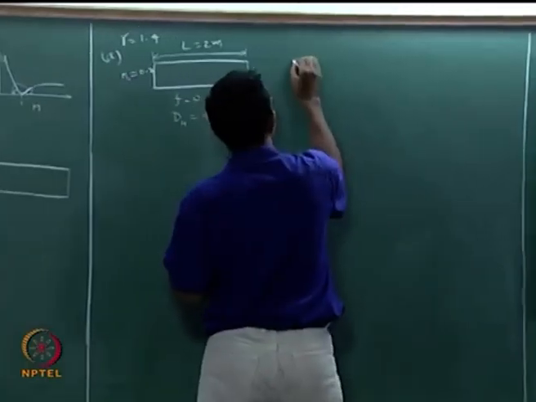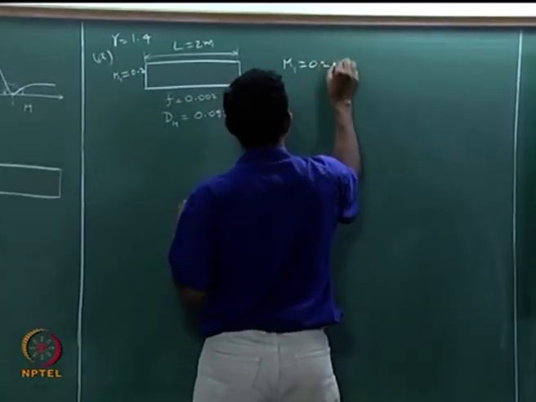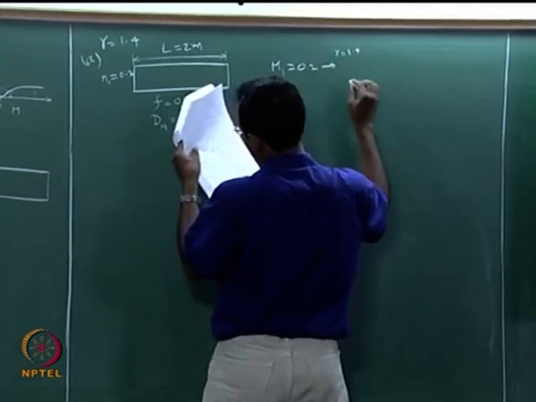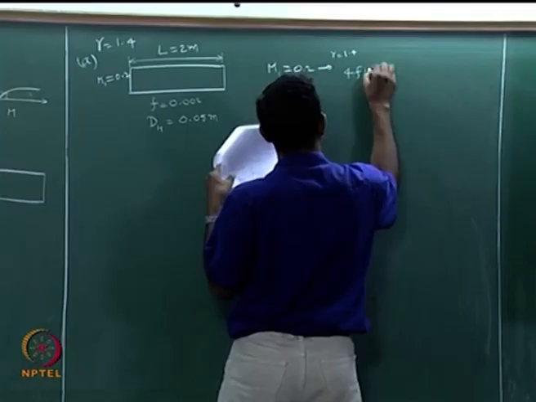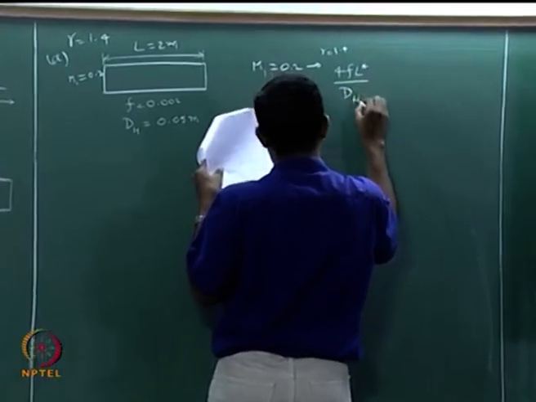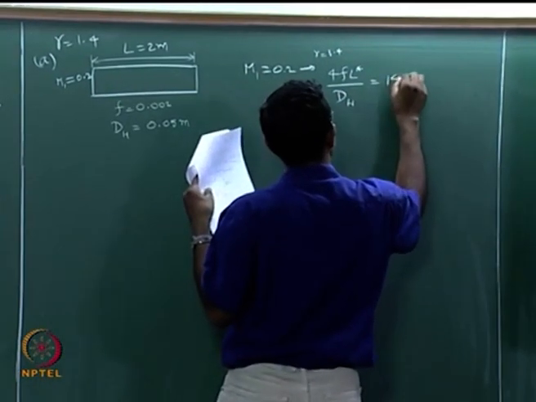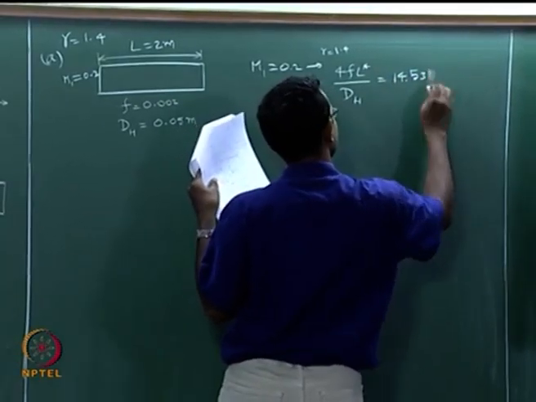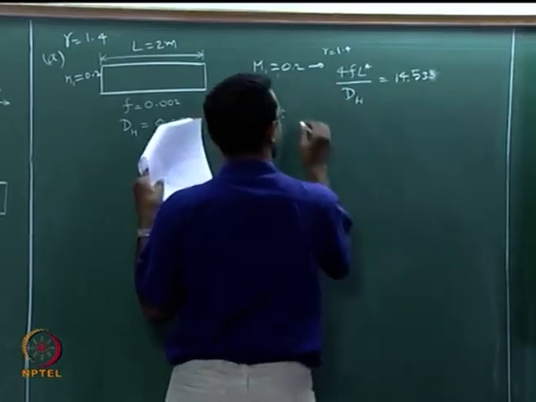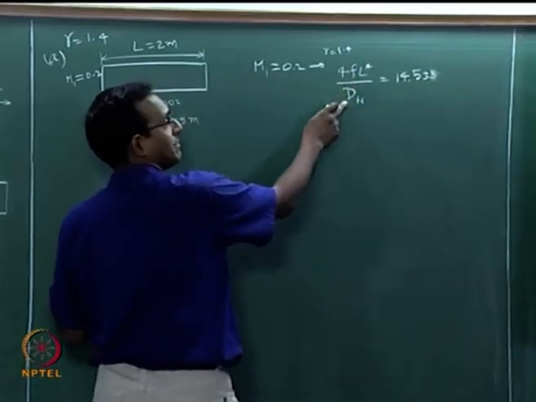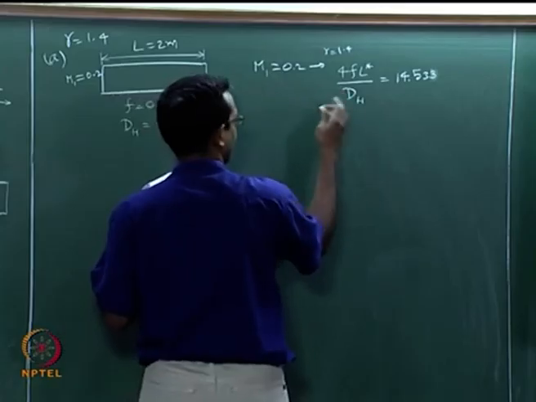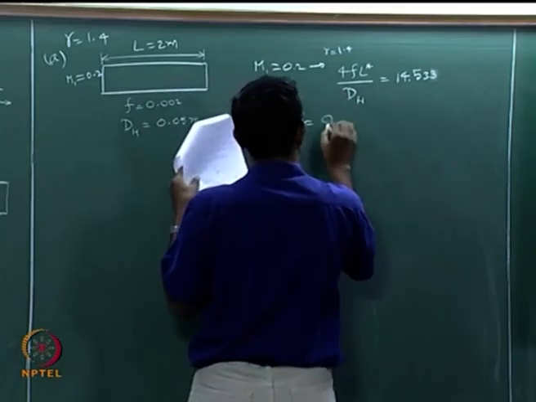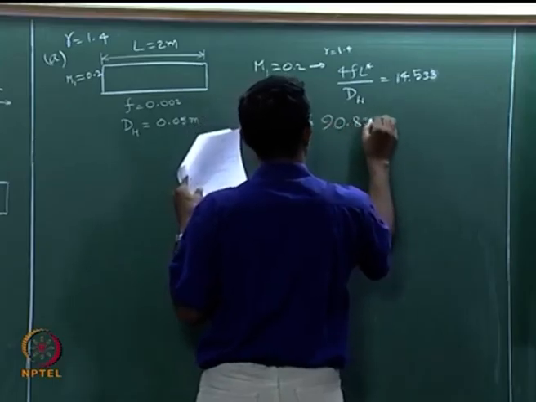M1 equal to 0.2, from tables with gamma equal to 1.4, 4f L star by Dh is given to be 14.533. Based on f and Dh given for my particular duct, I am going to get L star as 90.83 meters.